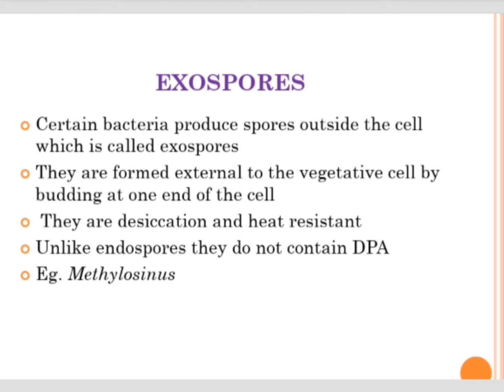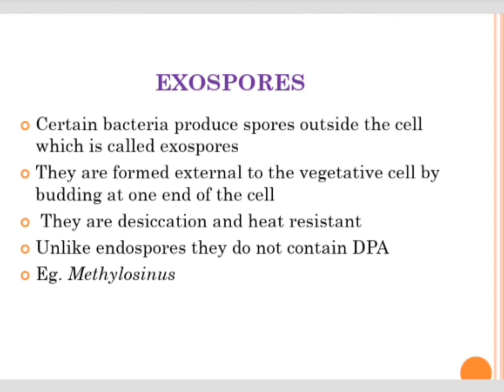Exospores. Certain bacteria produce exospores. These exospores are produced outside the bacterial cell, formed external to the cell by means of budding, and they are also desiccation and heat resistant, but unlike endospores, they do not contain DPA.